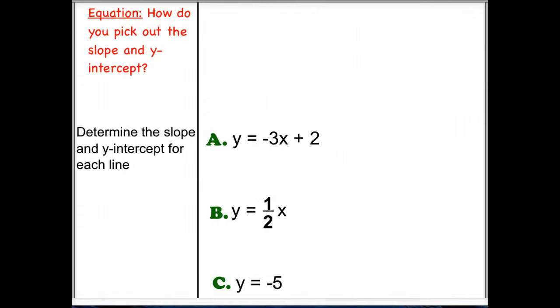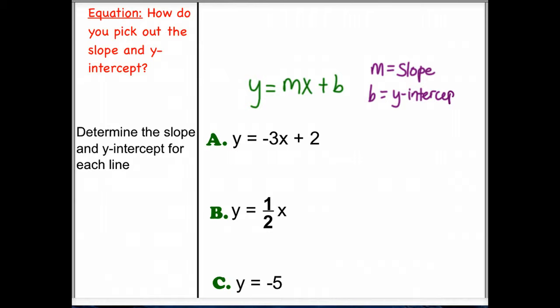So here it gives us a problem, y equals negative 3x plus 2. Our equation, if you'll remember, is y equals mx plus b. And if you scroll up, you'll find that m is your slope and b is your y-intercept, where the line crosses the y-axis. So we need to identify those key pieces.